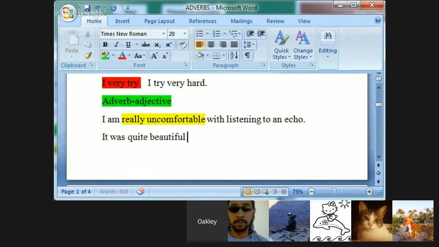No. Okay, you're worried about the article, and you do need an article because day is countable. Yeah, 3 days. So where does the article go? It was a quite, it was a quite beautiful day. Yeah, okay. It was a quite beautiful day. Okay.